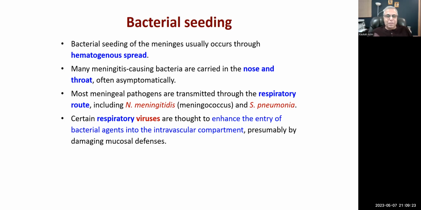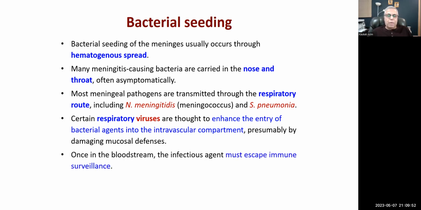The mucus and the cilia are working all the time in the respiratory system to move the sputum up and take out all those bacteria and polluted material with them. A similar thing happens in the brain. Viral infections enhance the entry of bacterial agents into the intravascular compartment, presumably by damaging the mucosal defenses in the blood vessels. Okay. Once in the bloodstream, the infectious agents must escape immune surveillance.